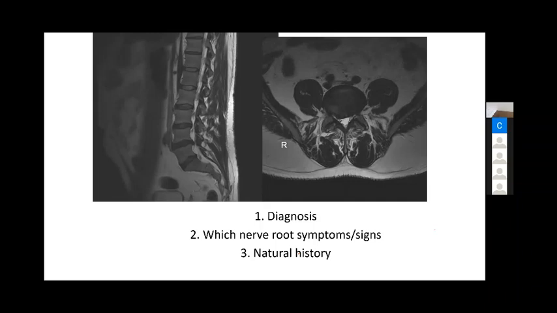There is not a lot of rich literature on conservative management, in the sense of what happens when you leave them. The literature which we quote many times is a very old paper. I forgot his name.